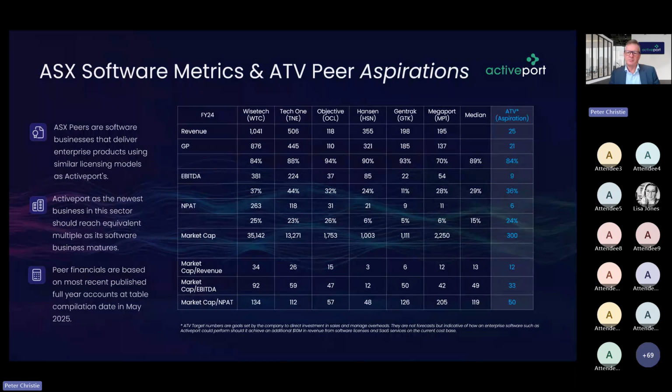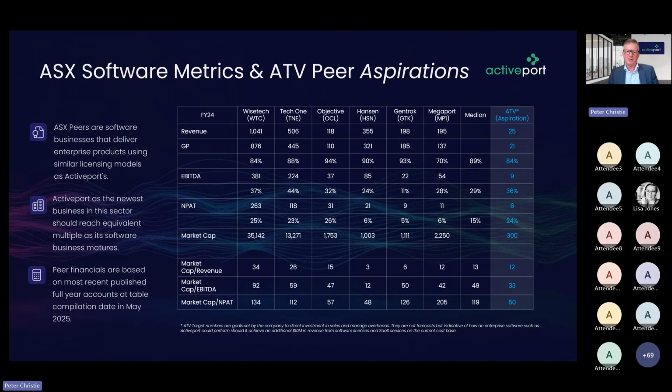Activeport's core product operates off a service bus, and we deliver it into utilities and telco. Gentrack is similarly an enterprise billing product for utilities and airports, as Activeport's product has integrated billing for telcos and data center operators. And Megaport is a software-driven network as a service provider, just as Activeport is a software-driven network as a service provider.